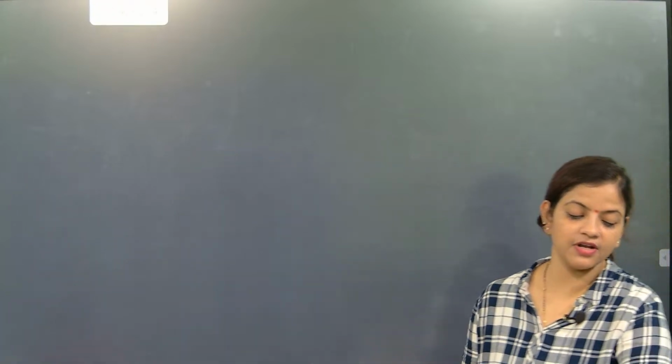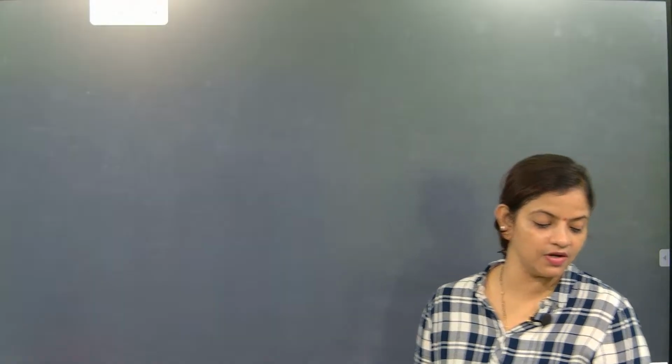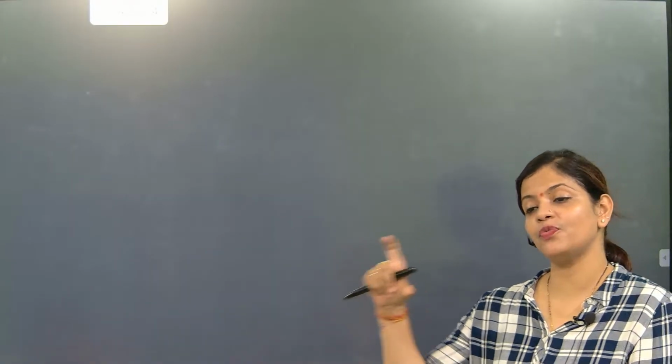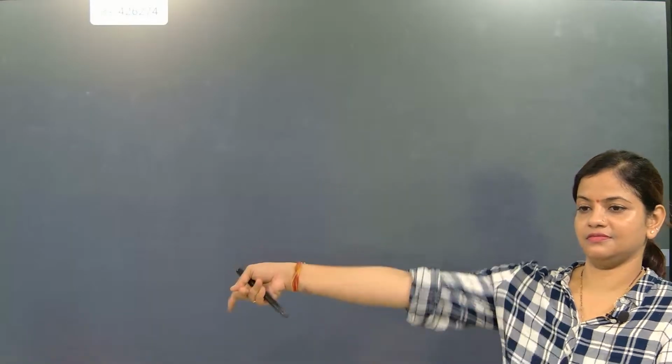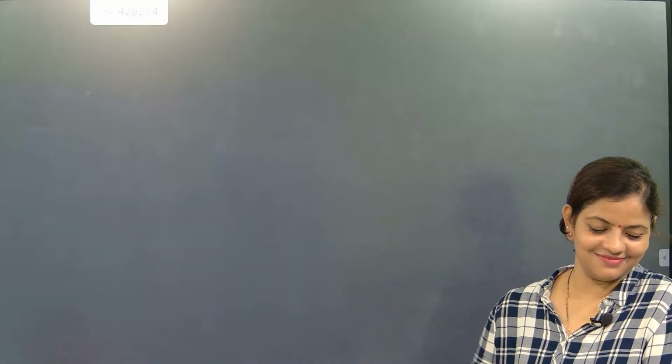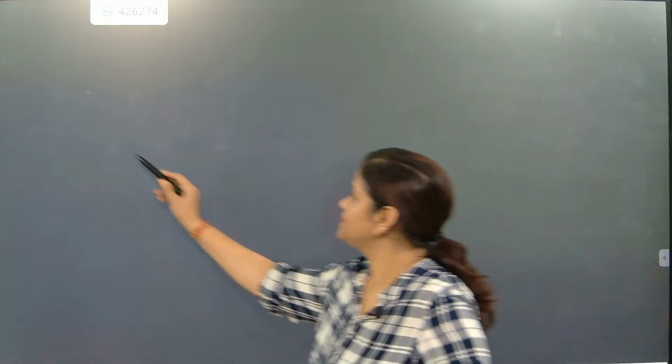In a quadrilateral, if each pair of opposite angles is equal, then it is a parallelogram. You got my name? Happy?